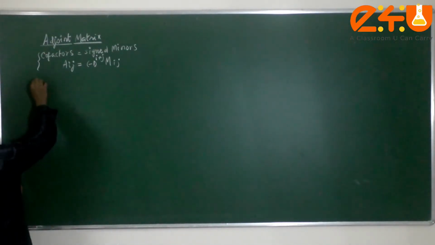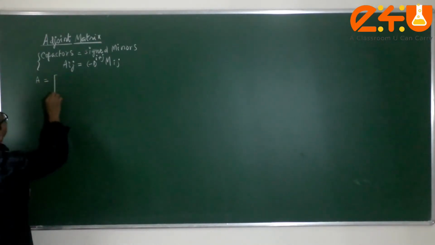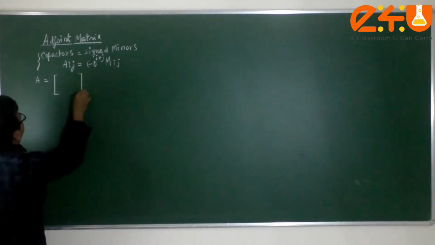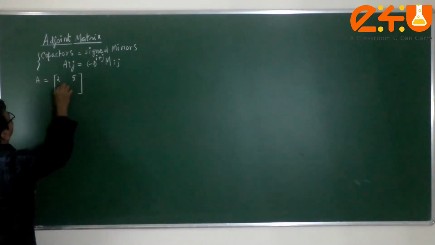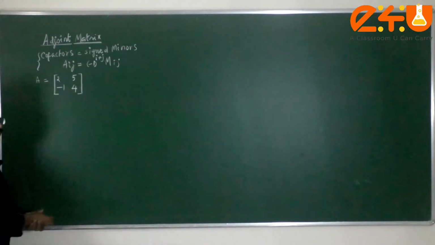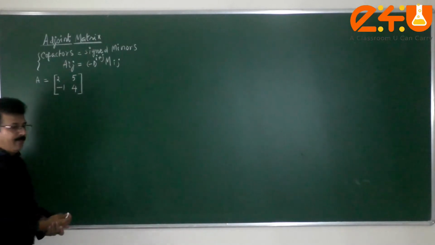Initially, let us consider matrix A, a 2 by 2 matrix: 2, 5, negative 1, 4.